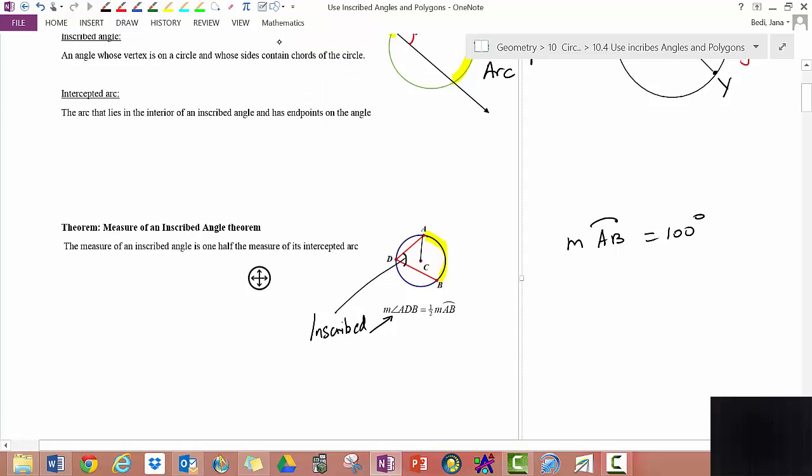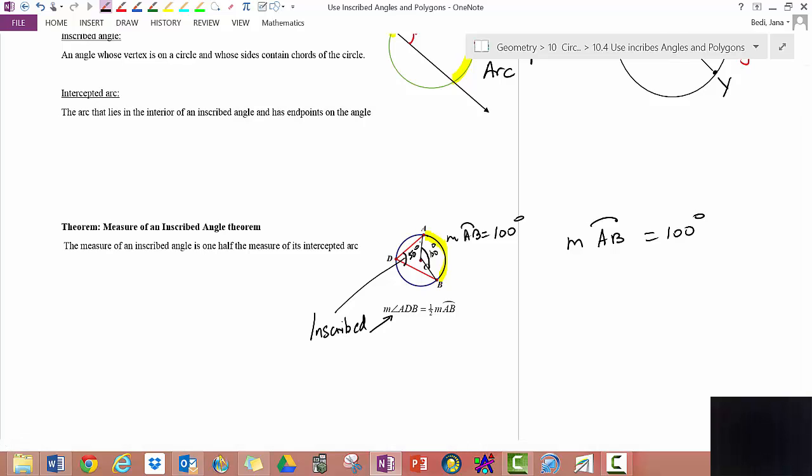That means that this angle is 100 degrees. Measure of arc AB equals 100 degrees. And since the inscribed angle is half of that, then the measure of the inscribed angle is going to be 50 degrees. The inscribed angle is always smaller than the central angle of the intercepted arc.